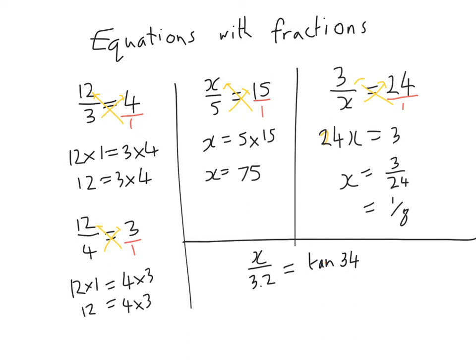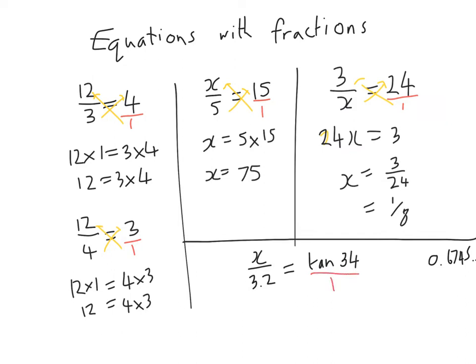If you put tan 34 into the calculator, you would get 0.6745, but it keeps going and going and going. So it's easier to write tan 34 as tan 34 instead of having to write this big long number. So we just treat this as a number like it would be 15. And our approach is the same.